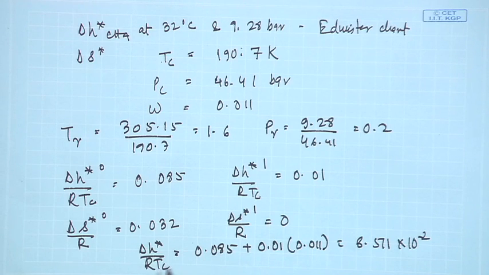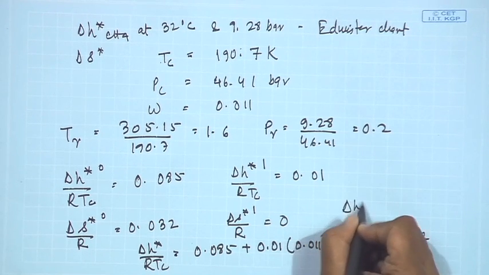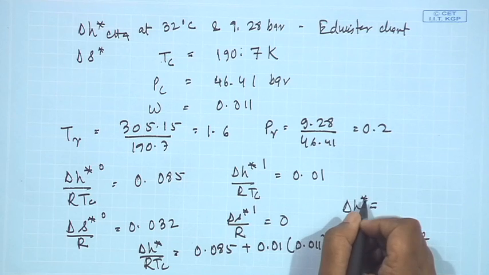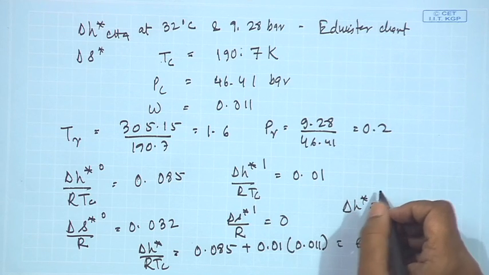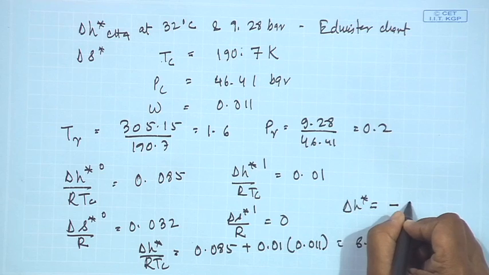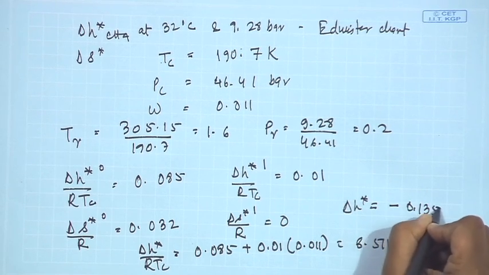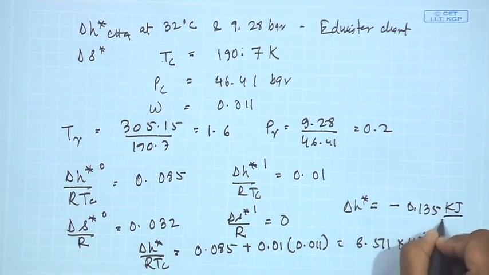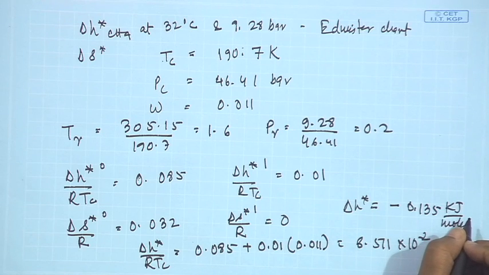And from here, what is the value of delta H star which you are required to find out? This is nothing but minus 0.135 kilojoules per mole, right?